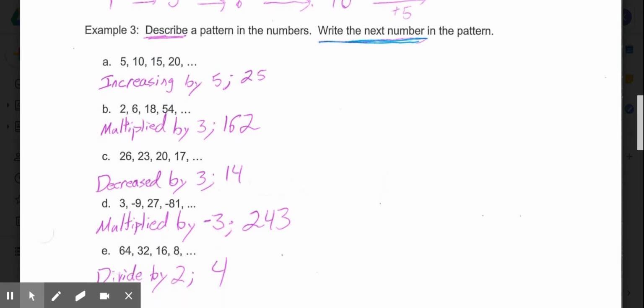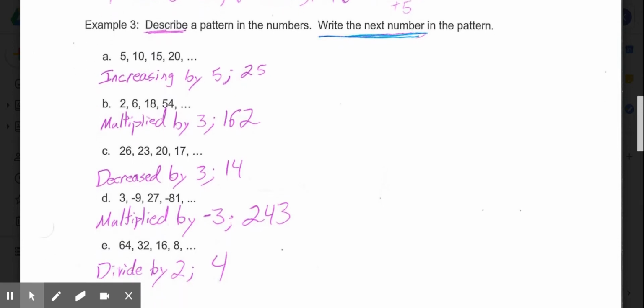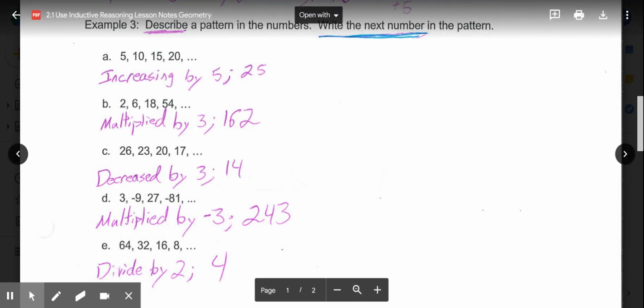Example 3, describe a pattern in numbers. Write the next number in the pattern. So if we're describing a pattern in numbers, we're saying something like increasing by blank, multiplied by blank, decreased by blank.